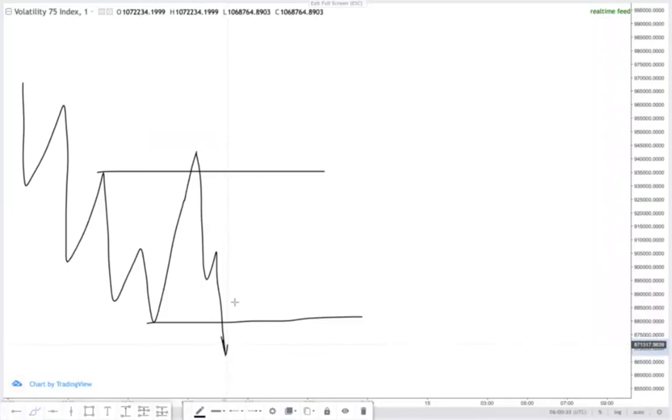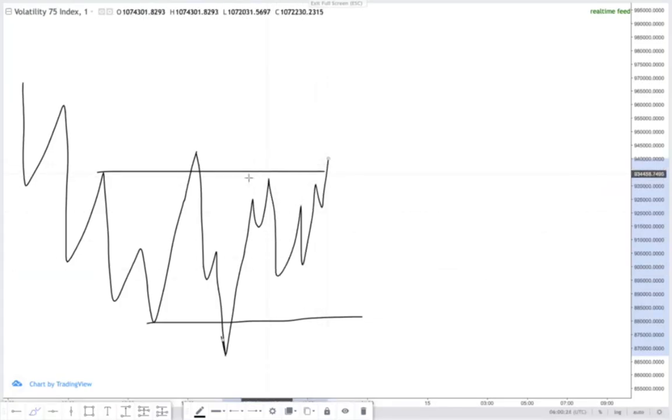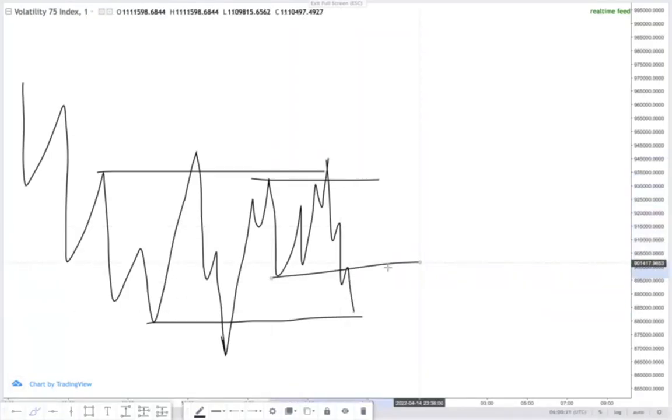Then price may come and break this structure maybe right here. Then price drops to break this structure right here. When price breaks, it gives you a confirmation of a new trend. Let's say price is trying to tell you that we are beginning to make an uptrend.